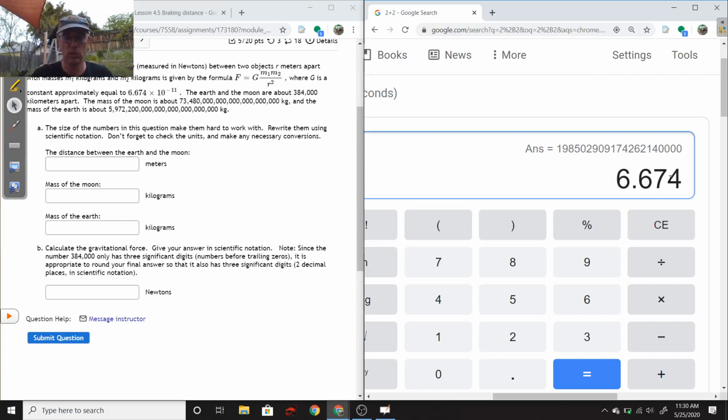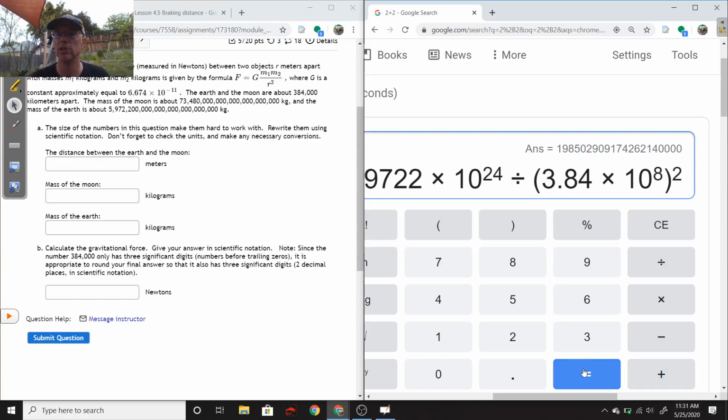6.674, there's the 4, times 10 raised to the power negative 11, okay, times 7.348, times 10 raised to the 22nd, times 5.9722, times 10 raised, we counted 24 there, and then divided by parentheses, 3.84 times 10 raised to the 8th, close parentheses, then square that sucker, and hopefully we get about the same number.